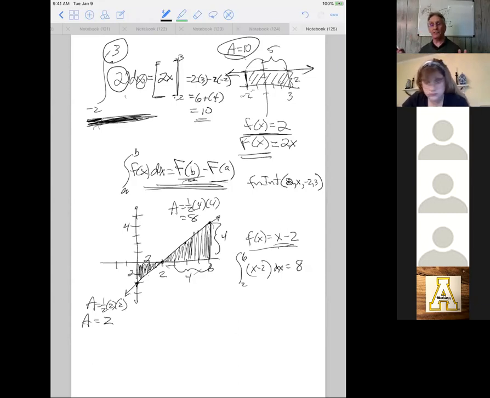If you were ever asked, what's the area of that triangle? The answer is 2. Area is not negative. But if you plug it into your calculator and do the integral from 0 to 2 of x minus 2 dx, look what you get. I'm going to do it right now. You should have a negative sign in front of the 2.